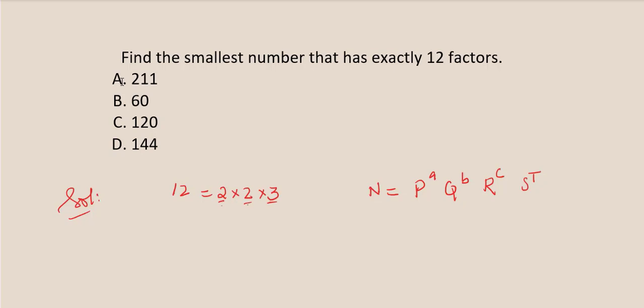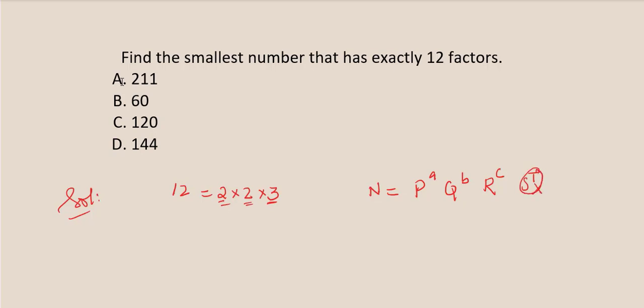If we distribute 12, the maximum possible values in which 12 can be distributed are 2, 2 and 3. So we do not consider this.